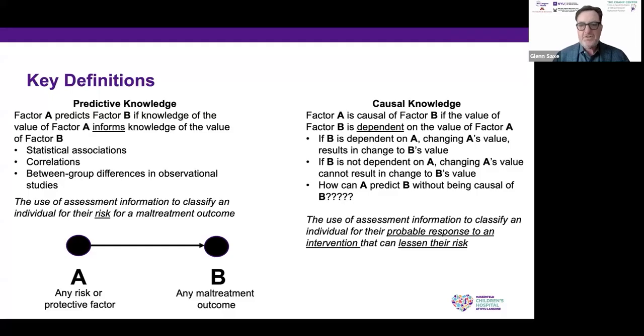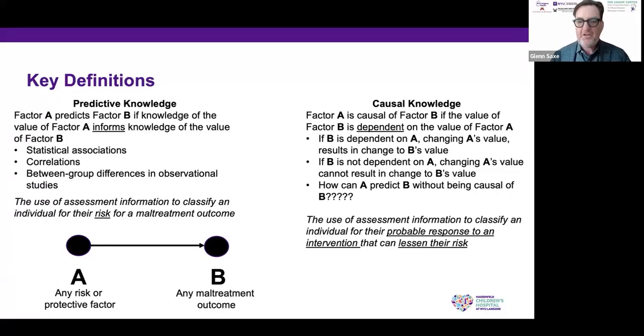Let's think of the difference between predictive and causal knowledge. Factor A predicts B if knowledge about it informs knowledge about B, and we see statistical associations, correlations, etc. And clinically, it's the use of assessment information to classify an individual for their risk for a maltreatment outcome.